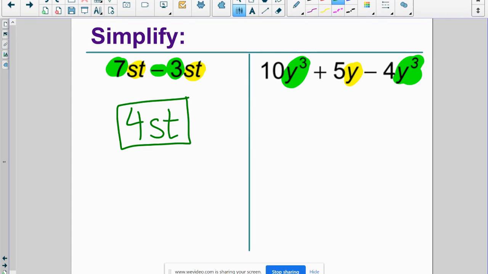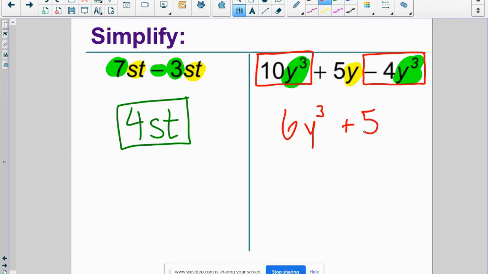So we want to go ahead and combine the two like terms, excuse me, 10y to the third power, and then 4y to the third power, which has a subtraction by it. So we combine that way, 10 of the y cubes minus 4 of the y cubes. Well, 10 minus 4 is 6, so that would leave me with 6y cubed. And we just bring down the plus 5y.